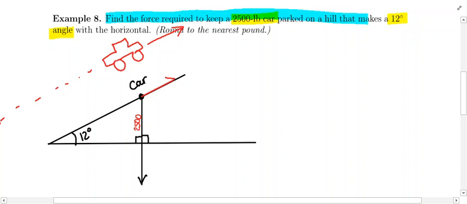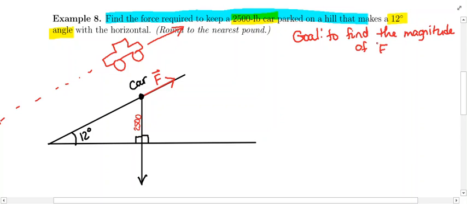It's going to act in this direction. So this is the force vector F. I'm just going to call it F for force. That's what I'm trying to find here. I'm trying to find the magnitude of this force. So let me write that down. The goal of this problem is to find the magnitude of force vector F.